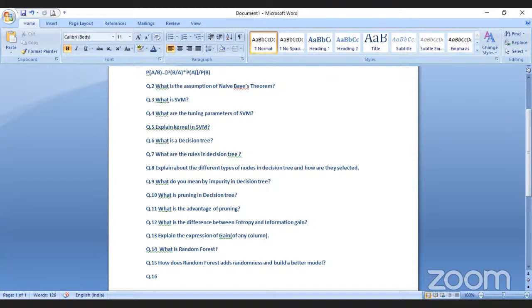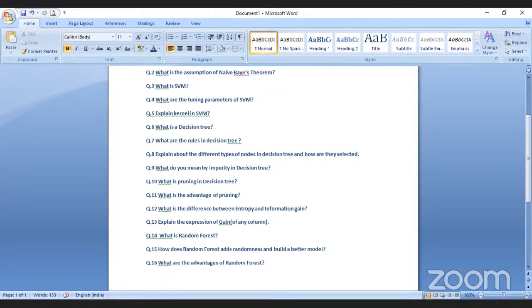So what are the advantages of random forest? Random forest won't overfit the model, first of all, and it is unexcelled in reliable accuracy.